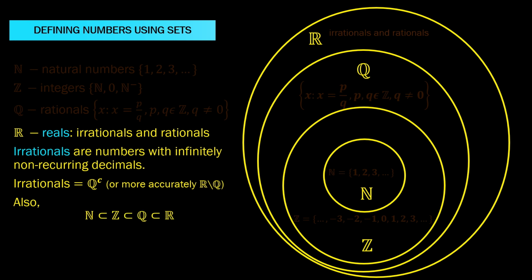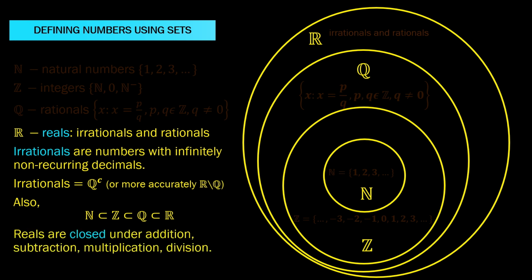We also have that the naturals are contained in the integers, are contained in the rationals, are contained in the reals. And we also have that the reals are closed under addition, subtraction, multiplication, and division.